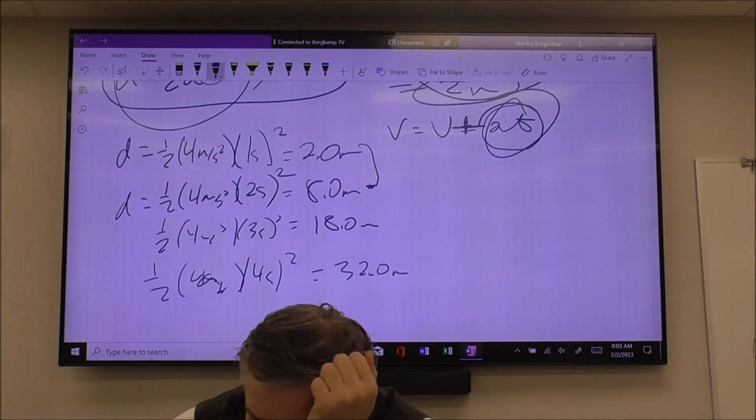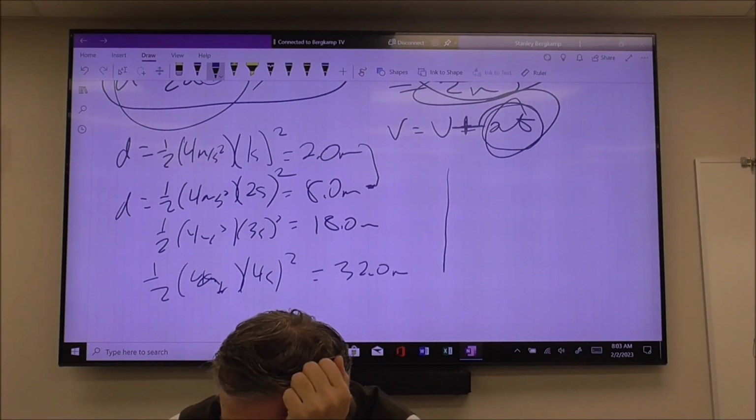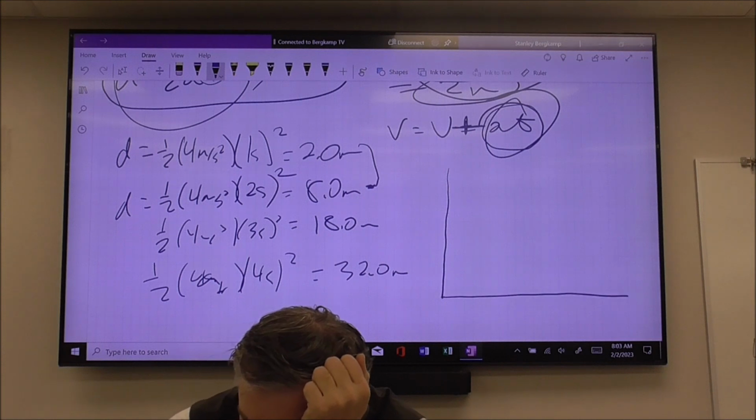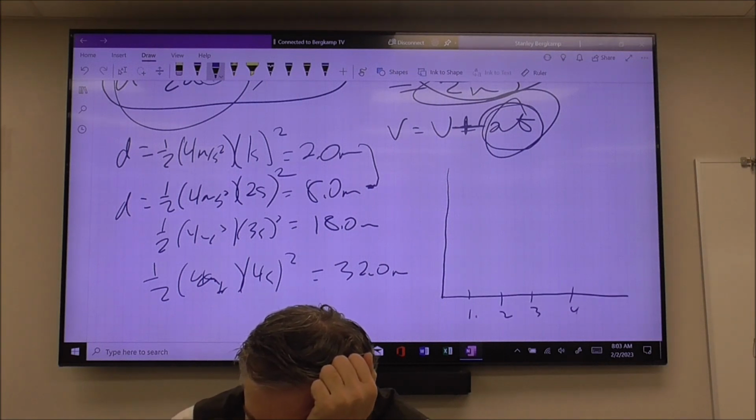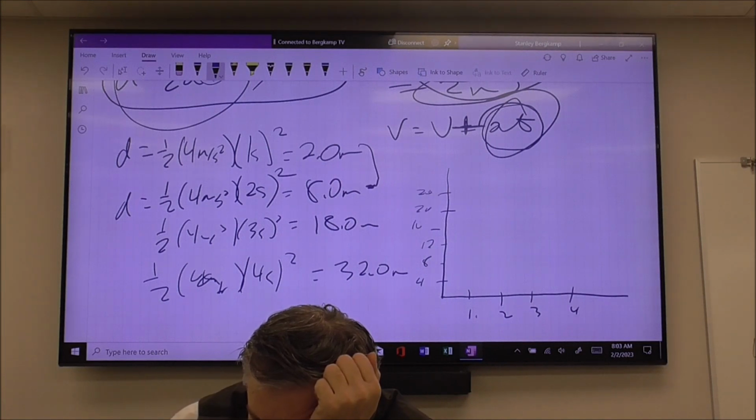Okay, now, let's look at this position time graph. There's 1 second, 2, 3, 4, and 4, 8, 12, 16, 24.